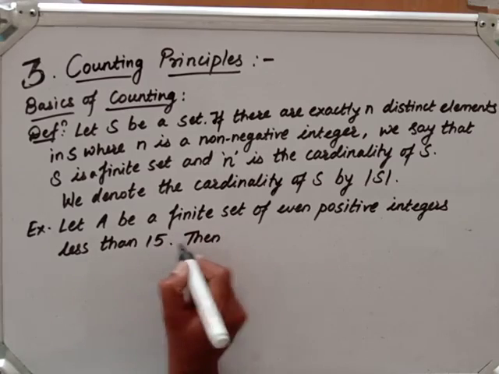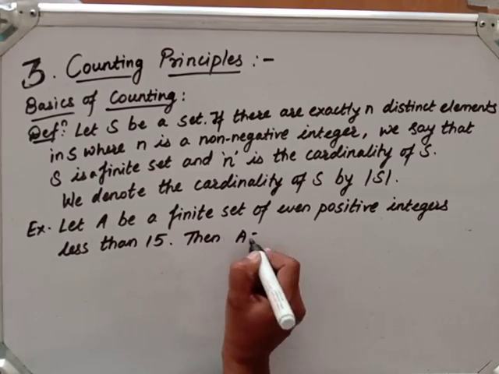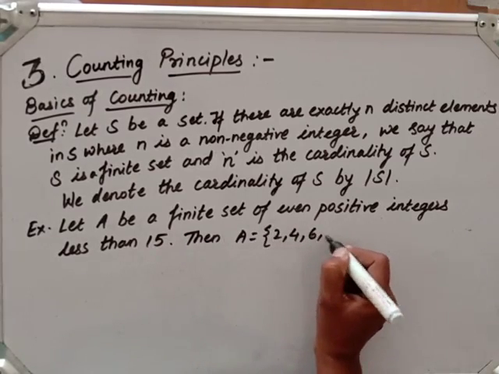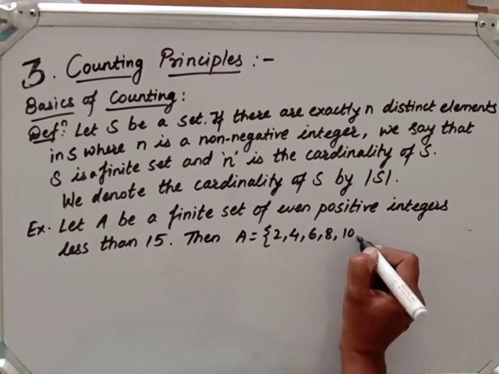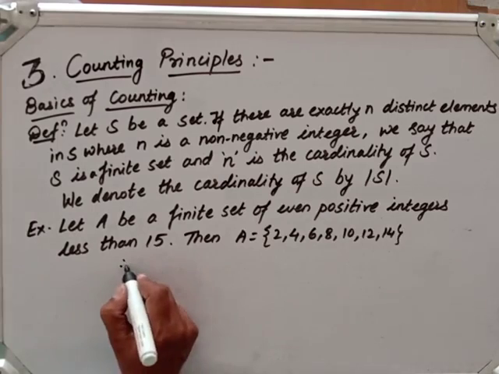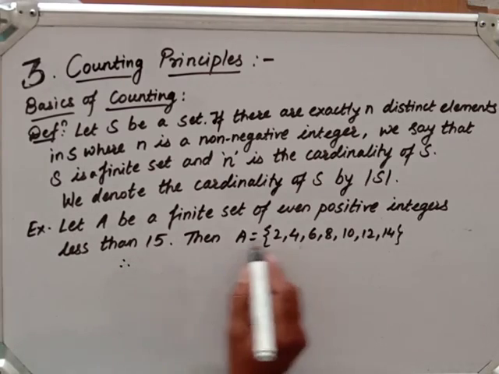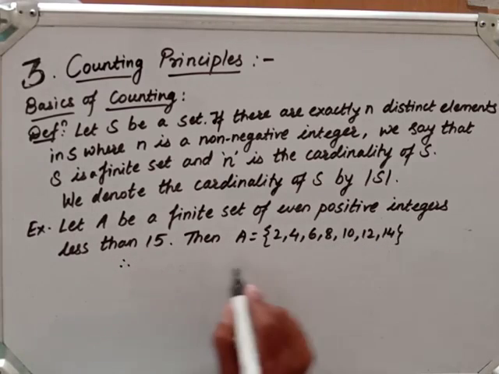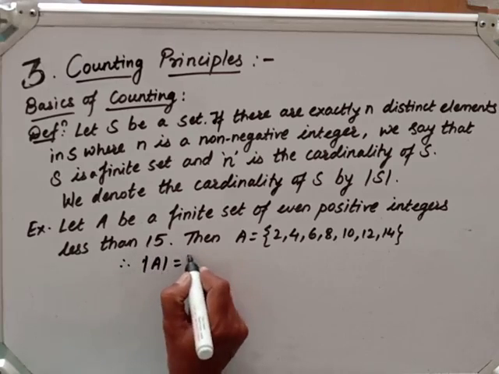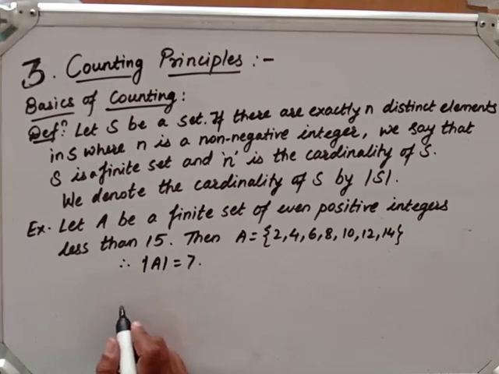Then A consists of the elements 2, 4, 6, 8, 10, 12 and 14. Therefore it consists of 7 elements. So the cardinality of A is 7.